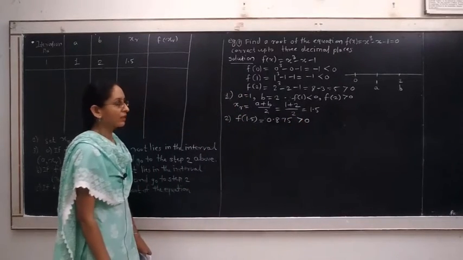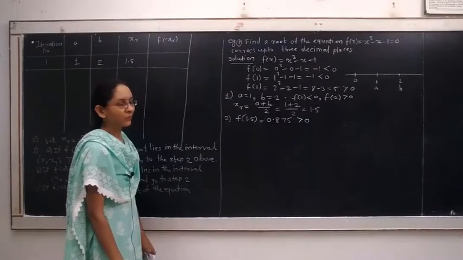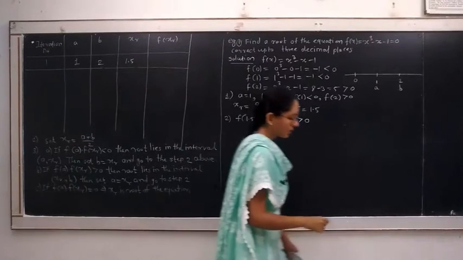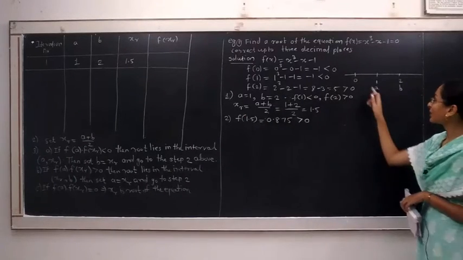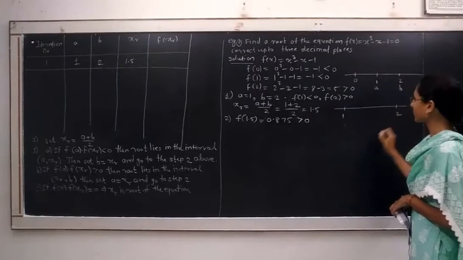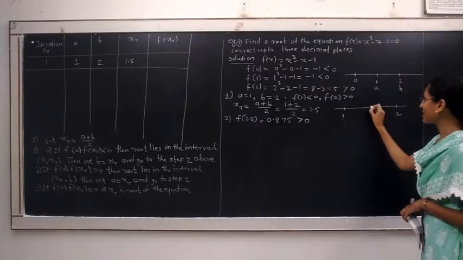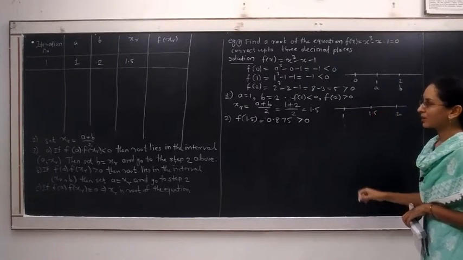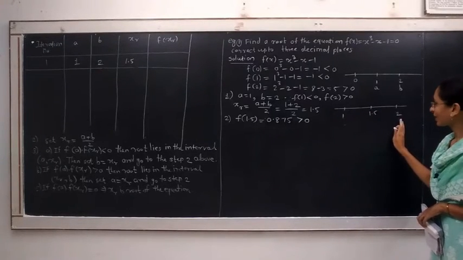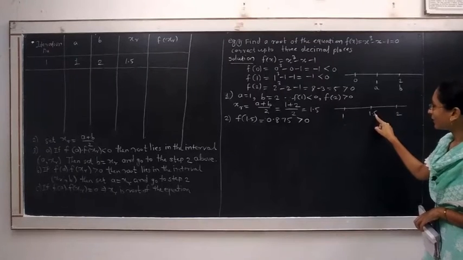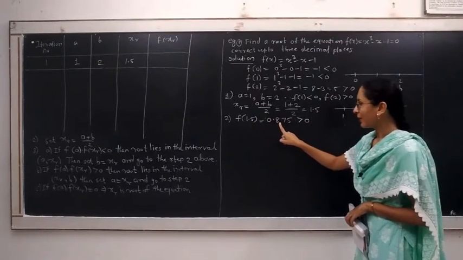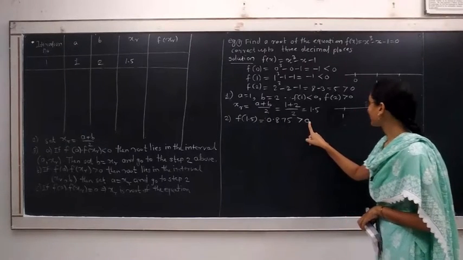Now we check two numbers a and b for which f gives different sign. Initially, we have two numbers a equal to 1 and b equal to 2. We have the value of xr is 1.5, means we have bisected this interval and the 1.5 value lies between 1 to 2. F of 1.5 is positive.